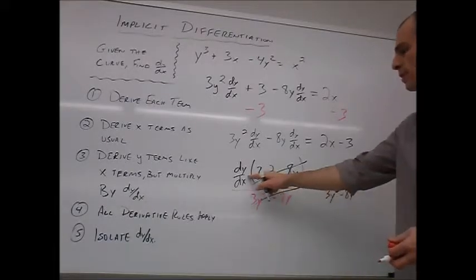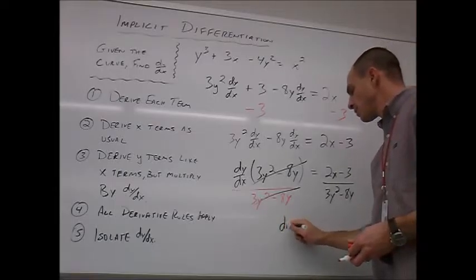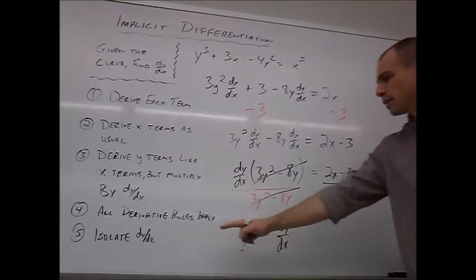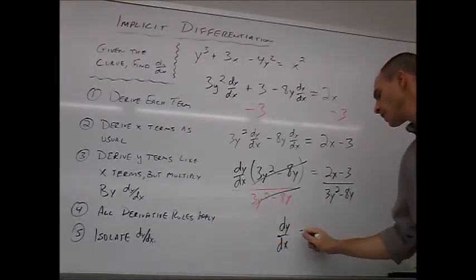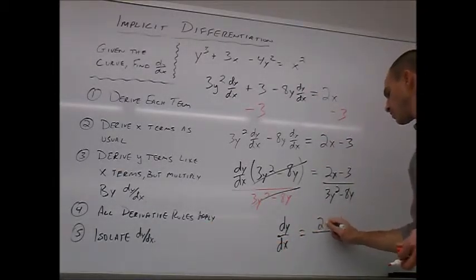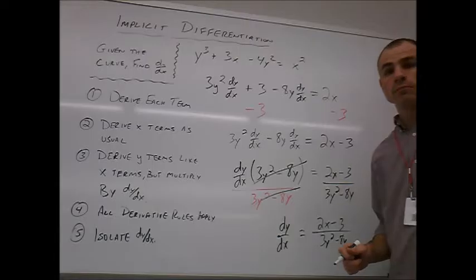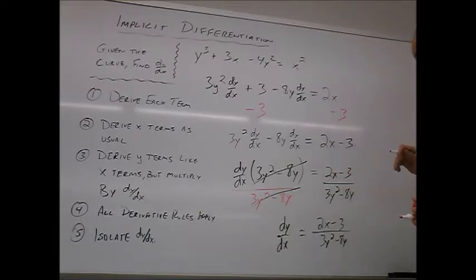Okay? What are we left with on the left side? dy dx. Good. All right, that's our goal, is to find dy dx, to isolate it. Okay, and we've done that. What's on the other side? Well, we've got this expression, 2x minus 3 over 3y squared minus 8y. And that's it. We've done it. We're done.